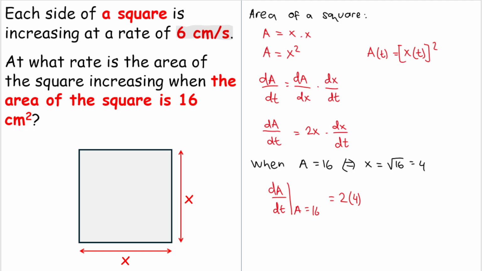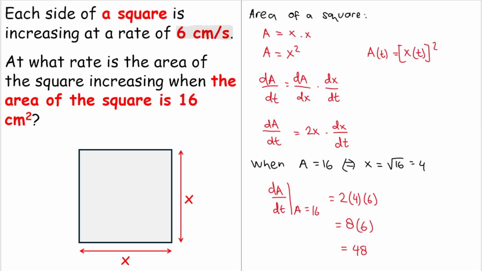Assuming that it is constant, we plug in 6 here. 2 multiplied by 4 is 8, and we multiply it again by 6. 8 times 6 is 48.